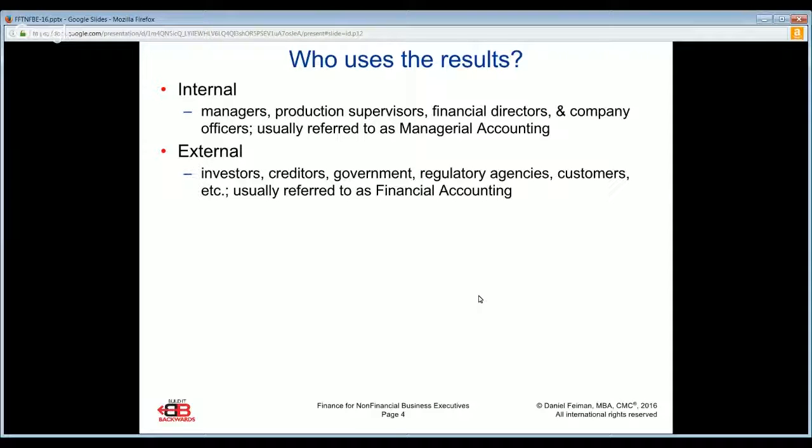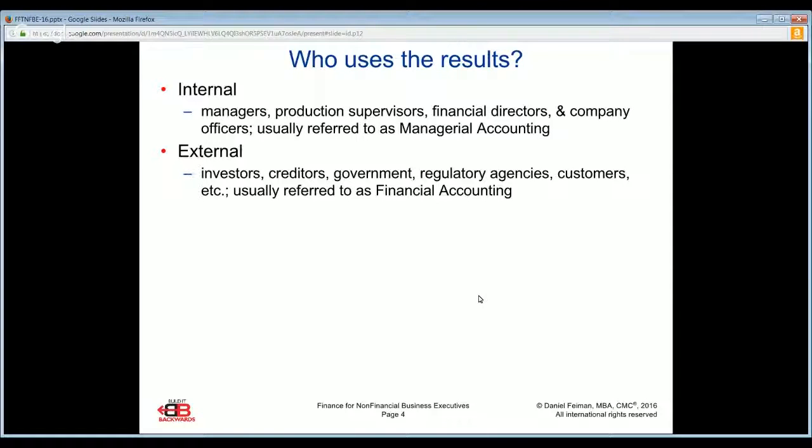So it's a very important use of our information to help us understand how our business is actually running, if we need to make any changes or adjustments, and if so, what changes and adjustments do we need to make? So these reports come out very frequently, and they follow a form of accounting called managerial accounting. It's internally focused.